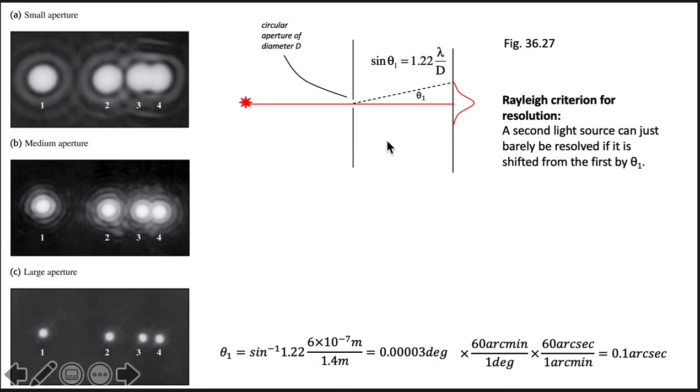So we say if there was another light source nearby, then if it was too close, we'd have trouble resolving it. And if it's farther away, we could perhaps resolve it.